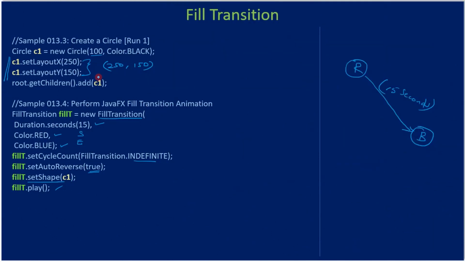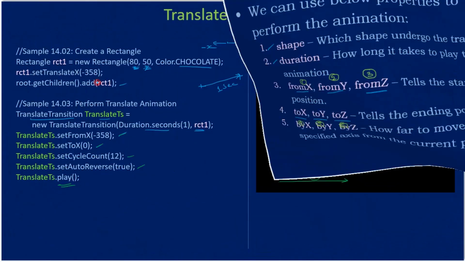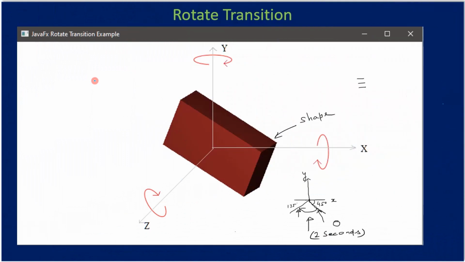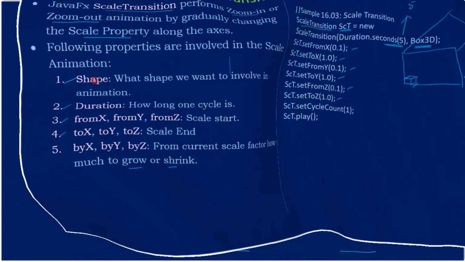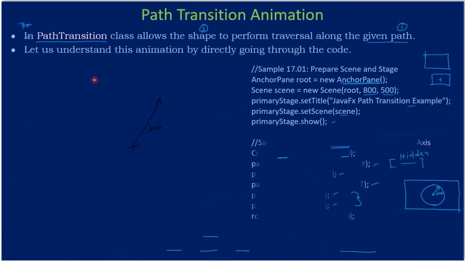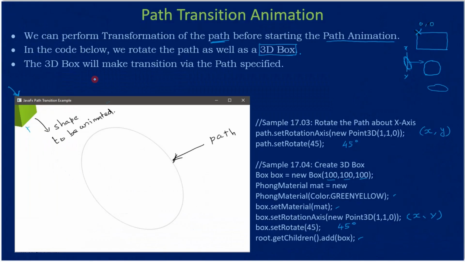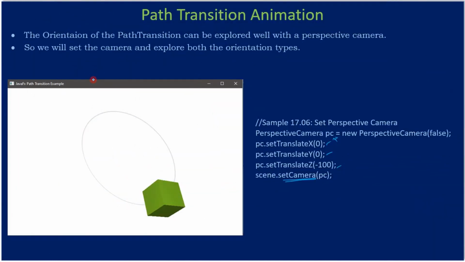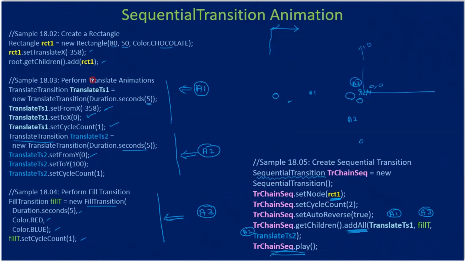Then we talked about translate transition. After the translate transition, we continued with rotate transition, and we talked about scale transition based animation. After that, we saw how to animate a shape along a given path. And in the last video, we talked about sequential transition.